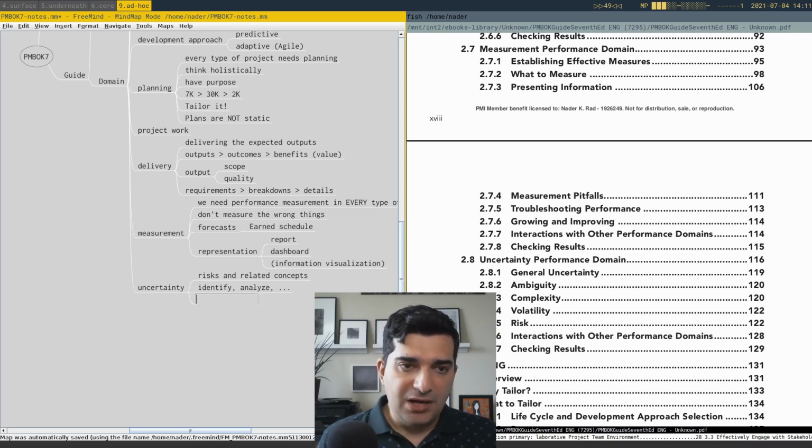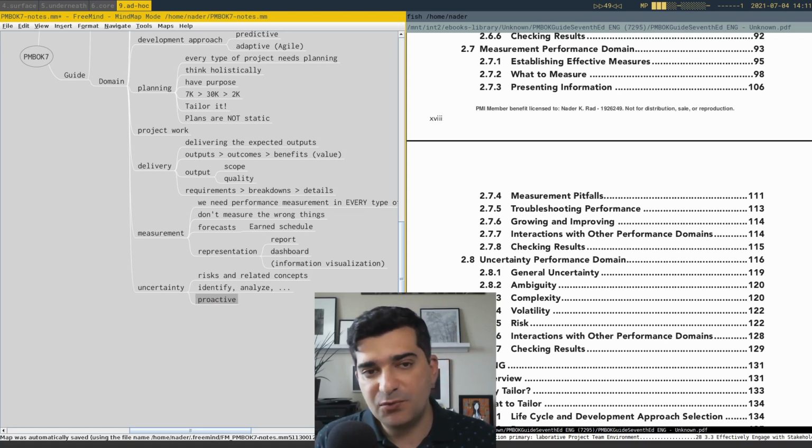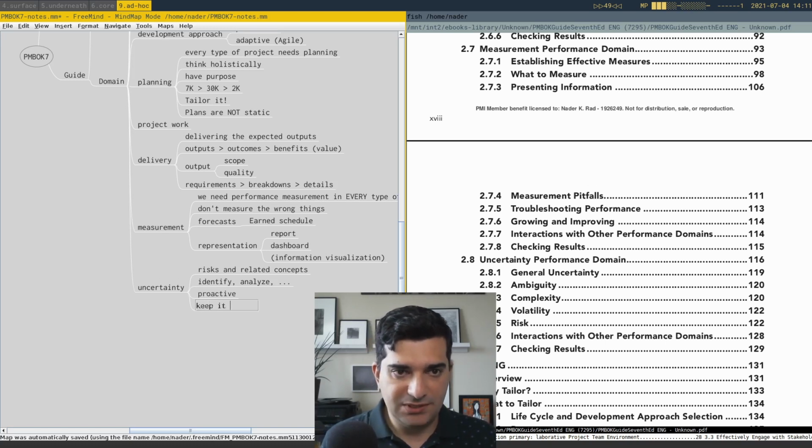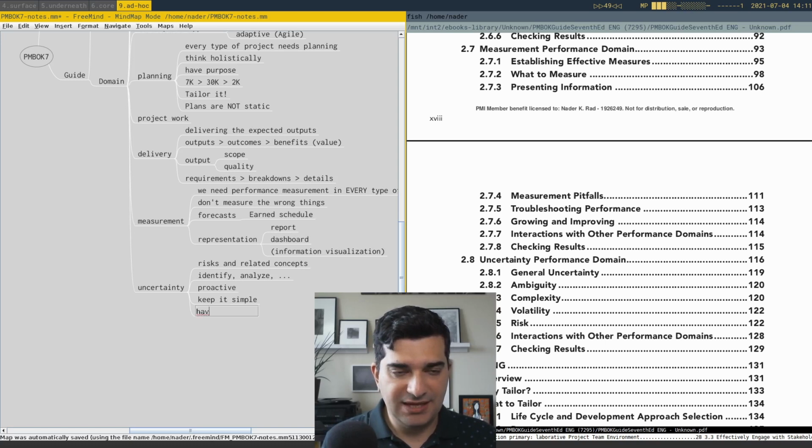It's all about being proactive. That's the most important thing that happens here with anything related to risk management. And also, have a purpose. Do it purposefully. And keep it simple. Keep it simple and have a purpose.